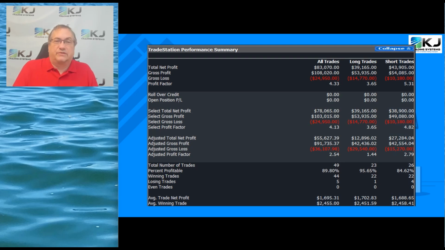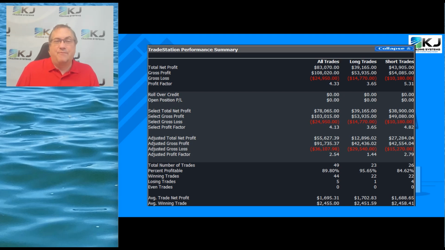Here's a performance report, and you can see over time it's done fairly well, long and short, about the same performance. That's always nice. I personally like strategies that are symmetric, that have exact opposite rules for going long and short, and I also like strategies that tend to be balanced.